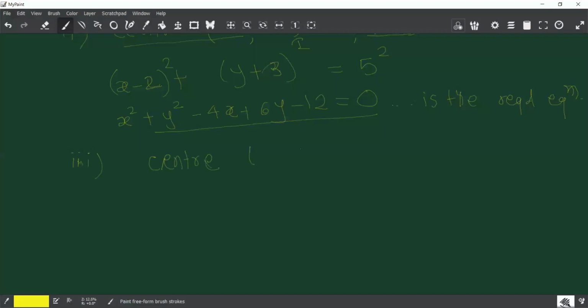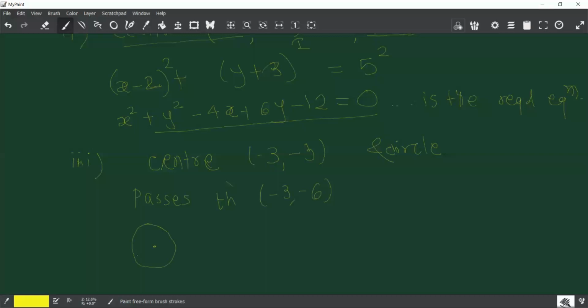Center है -3, -3 and circle passes through -3, -6. ये सेंटर है एंड ये मेरा सर्कल है जो पास हो रहा है -3, -6 में से.